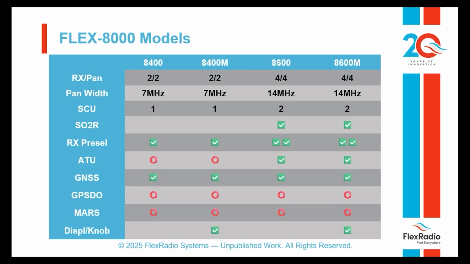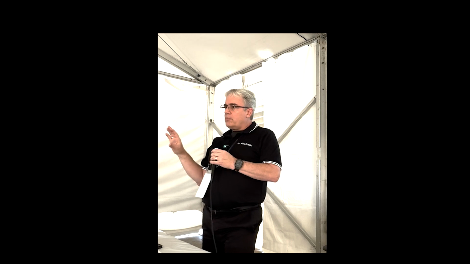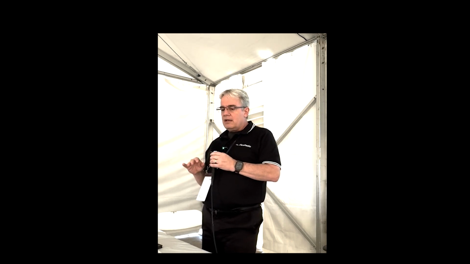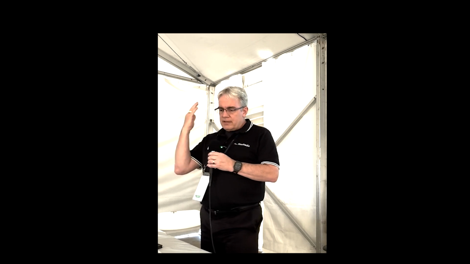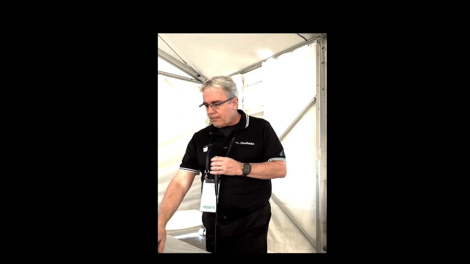If you have more than 1 antenna that you might want to listen to at the same time, and the idea of having 4 receivers so you could work 4 bands at the same time appeals to you, because like on FT8, that's a really great way to operate, then an 86 is probably more interesting to you. The M on the end just says whether or not it has the control panel with the screen and the buttons and knobs on the front, which I'll show you what that looks like in a minute. So you get your choice of all these.